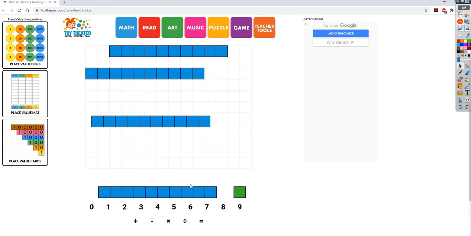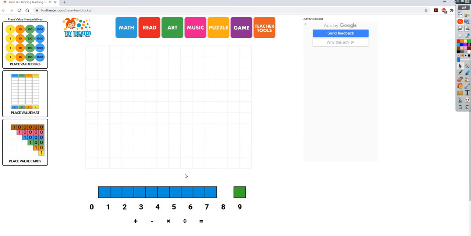Let's practice this a little bit more. Get rid of all those. I am going to draw a number up here. And you need to tell me how many ones and tens blocks I would need to pull up. And I'm actually going to, let's switch to my other board.